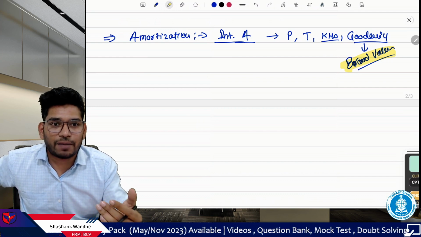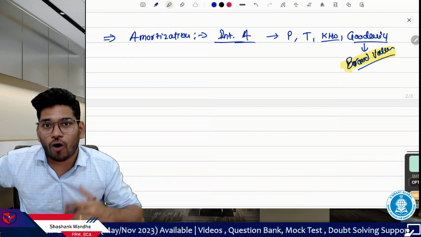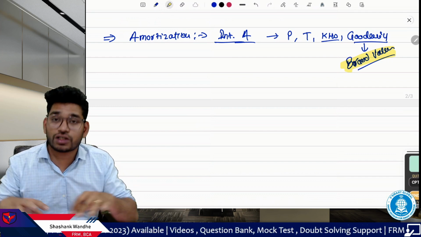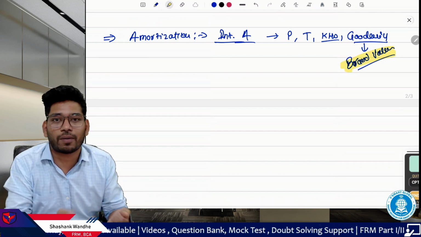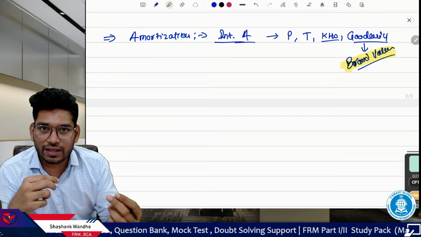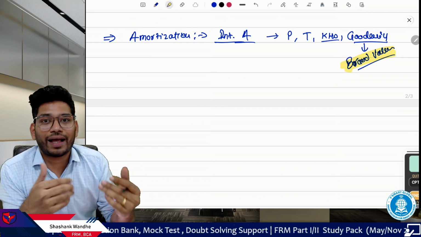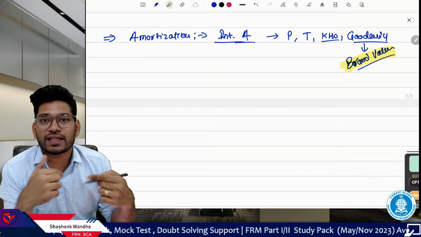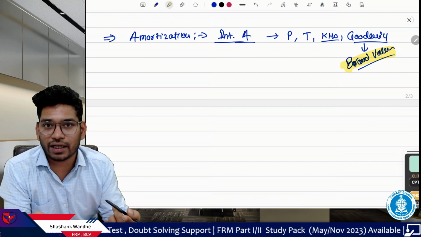I think acquiring that company will offer me higher benefits. My logistical problems might be solved, my marketing problems might be solved. So for all these reasons I'm paying 0.2 extra. Obviously this 0.2 extra is not for the brand value, it is for the synergy which I'm getting after acquiring that company.